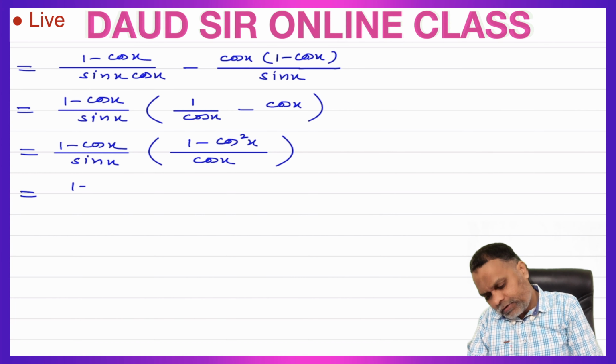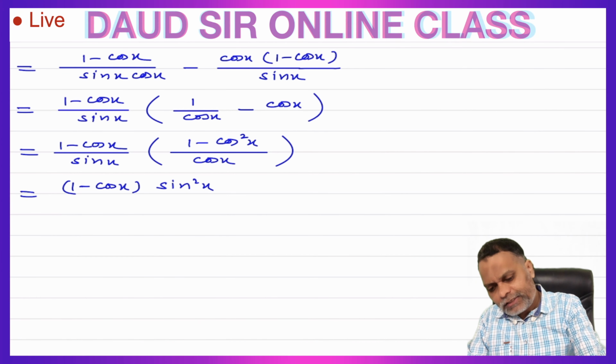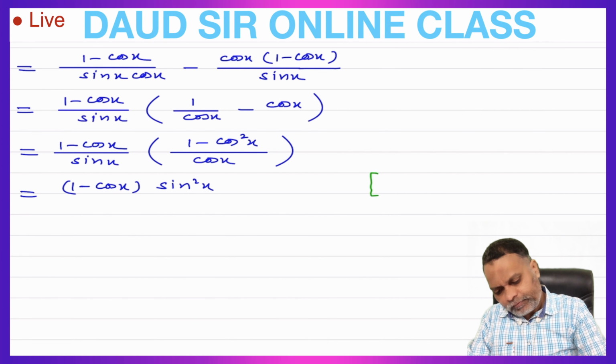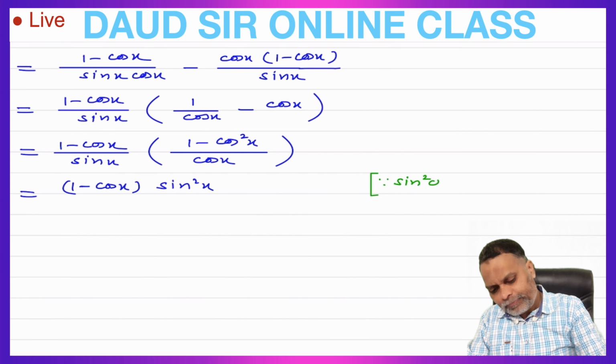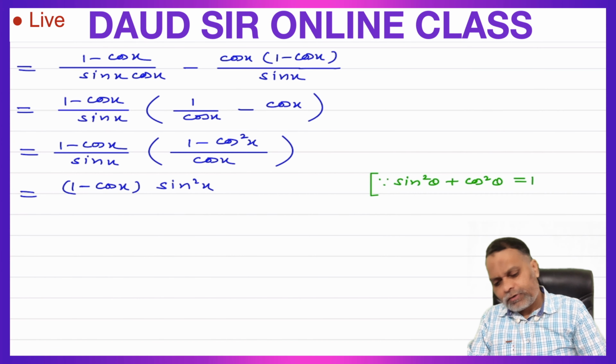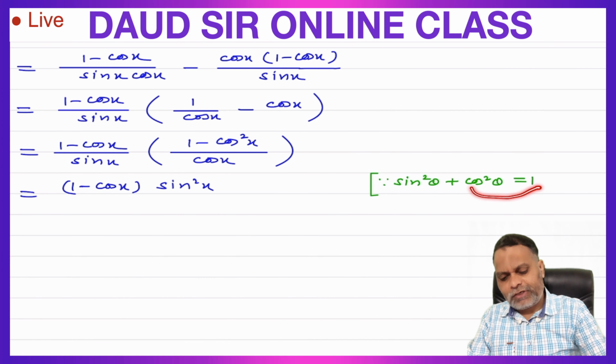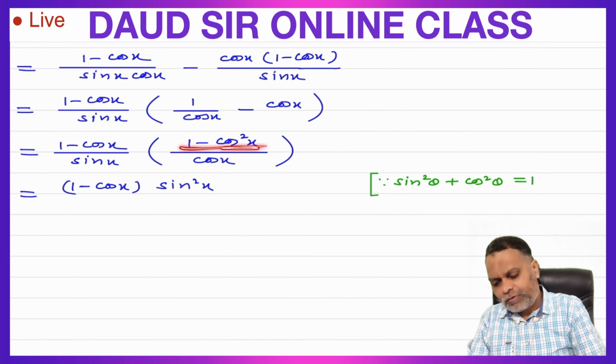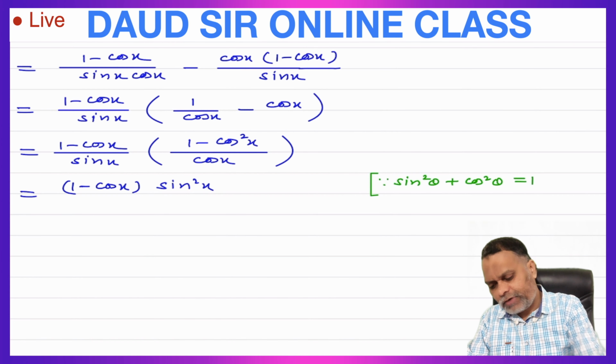This is 1 minus cos x. And 1 minus cos square x we can write sin square x by this identity, sin square theta plus cos square theta is equal to 1. So 1 minus cos square theta, shift this cos square theta this side. 1 minus cos square theta is equal to sin square theta. So 1 minus cos square x is equal to sin square x.